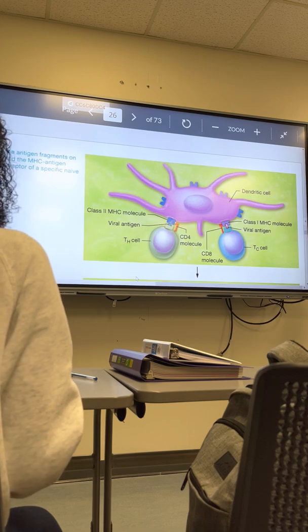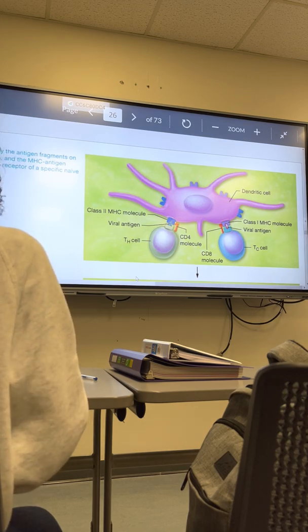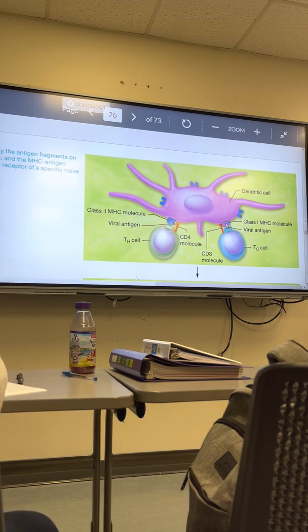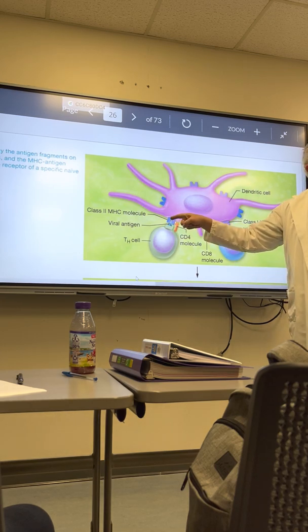The big issue is that they have to dock up with different types of docking stations found on the surface of the T cells. CD4 complexes are only going to be found on helper T cells, and they have to match up with the class 2 MHC molecules that are presenting the antigens.